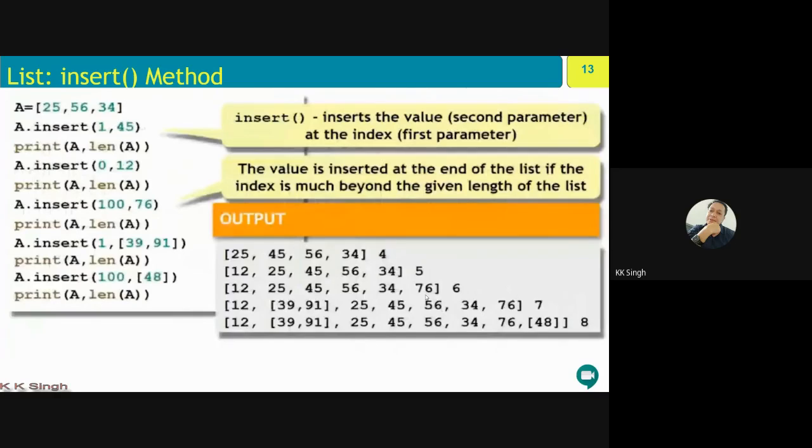So I'm trying to insert the element at index number 100. So 100 index is not available, and that is why 76 is inserted in the end. And when you say print A and along with the length, it will show you six elements, and the length is 6, and this is the element inserted at the end.